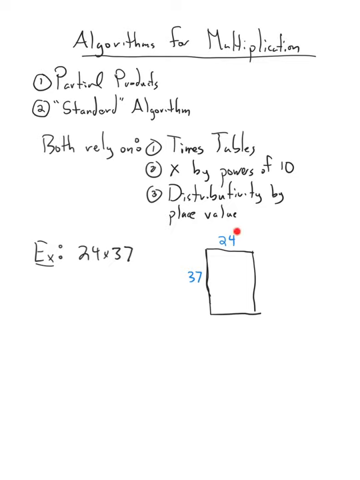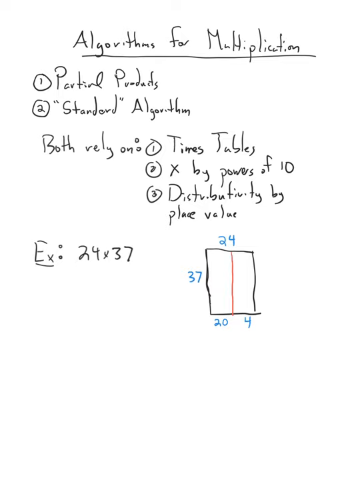So I'm going to split up the number 24 into its expanded form. So it's going to be 20 plus 4. And finally, 37, I'm going to break that up by its place value, write in expanded form, 30 plus 7.